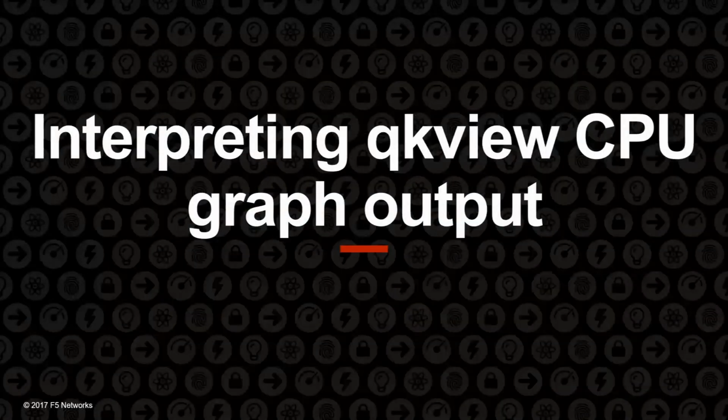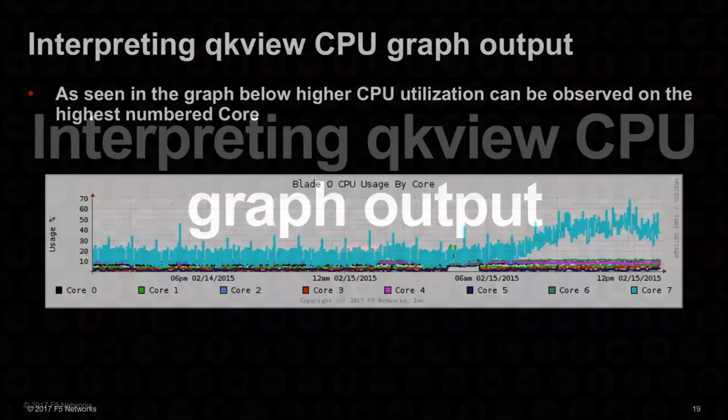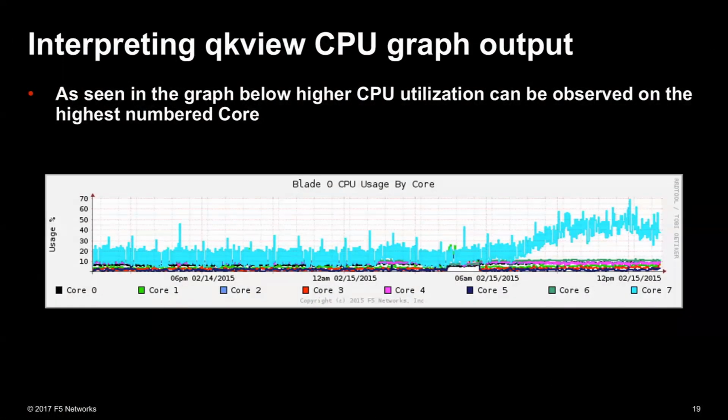Okay, now interpreting the QKview CPU graph. Here we have an example of a graph that we can get on the highest number core on the QKview. And here you can check how the CPU utilization can be observed on the highest number core, which would be core 7.